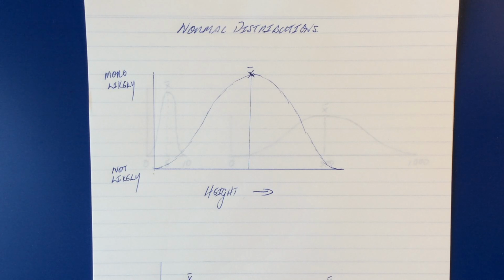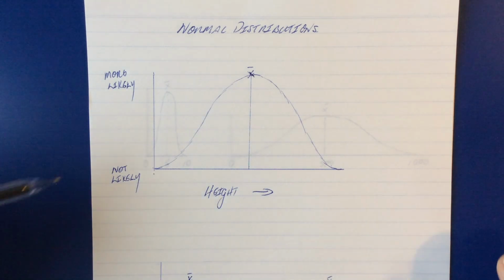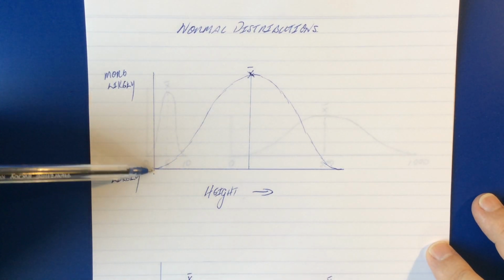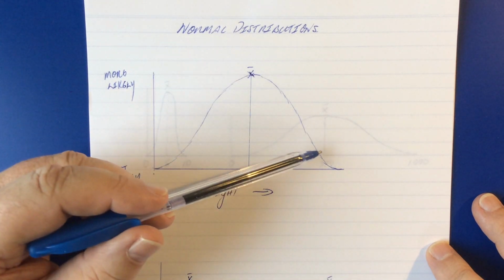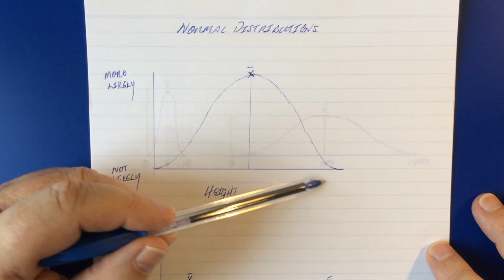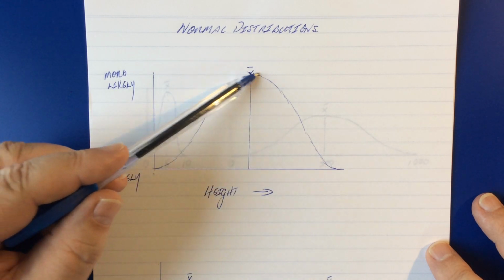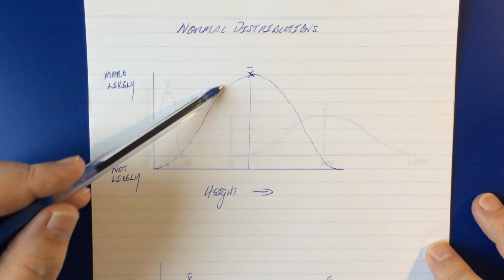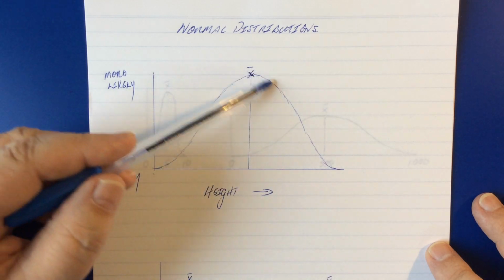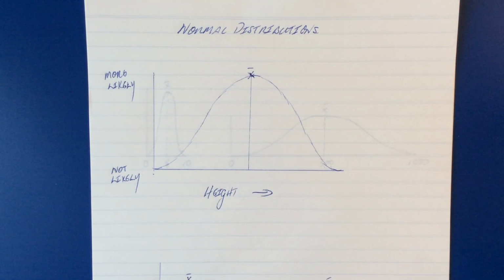What you would notice is that there are a small number of very short people and an equally small number of very tall people, but that the vast majority of people are somewhere around what we might call an average height, if we're just talking generally.